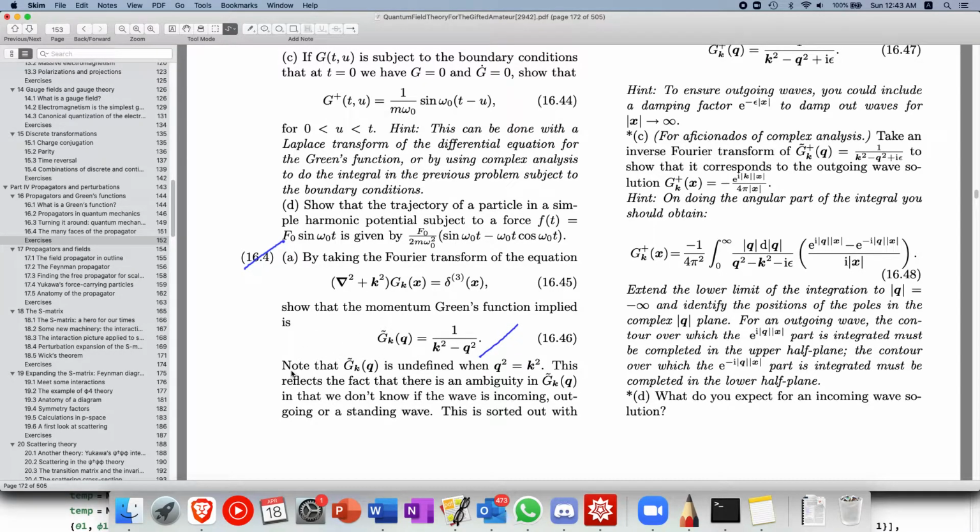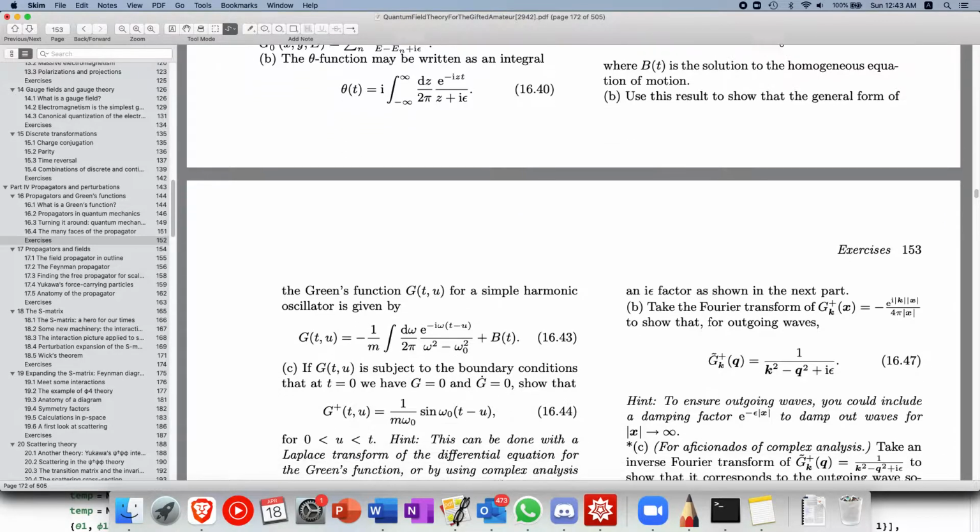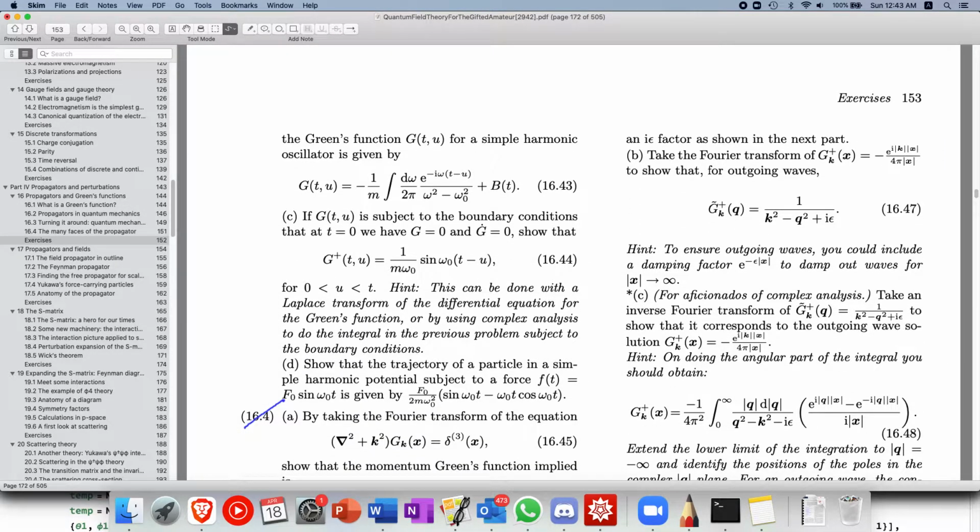Then we note that the Green's function in momentum space is undefined when q squared equals k squared. This reflects the fact that there is an ambiguity in that we don't know whether the wave is incoming, outgoing, or standing wave. This is sorted with an i epsilon factor as shown in the next part.